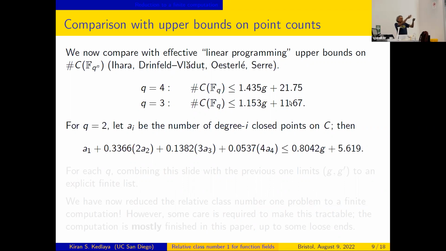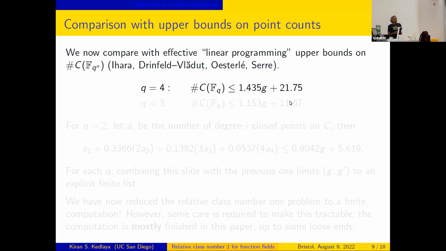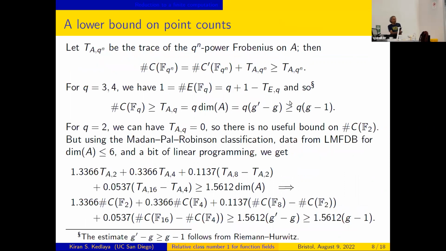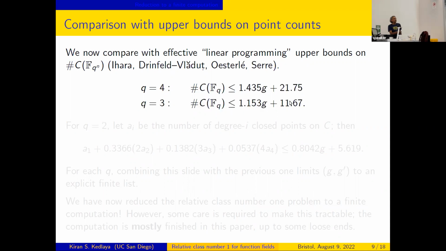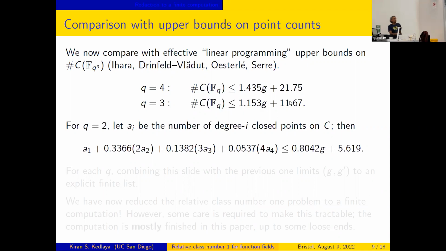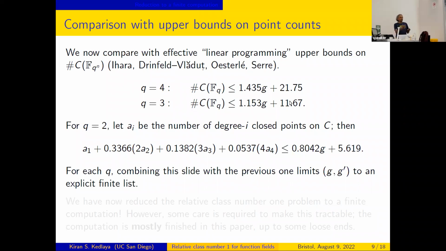And I've carefully constructed these upper and lower bounds so that they are in fact in tension. I had a 1.56 in the bottom right corner over here, and I have a 0.8042 over here. That's quite a bit of tension. So that gives me an upper bound on G and therefore on G' because of Riemann-Hurwitz.